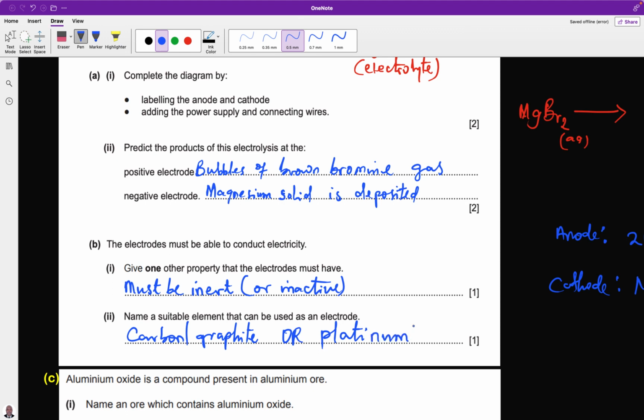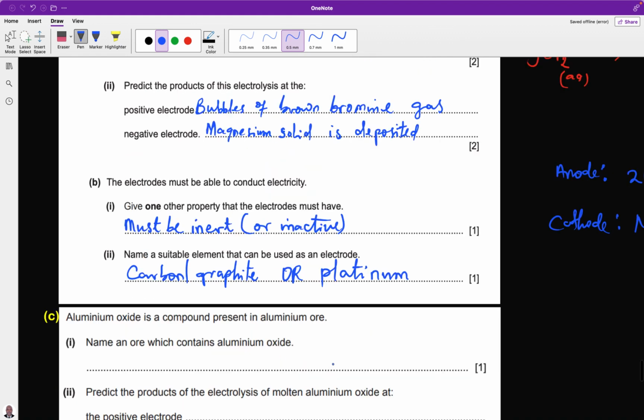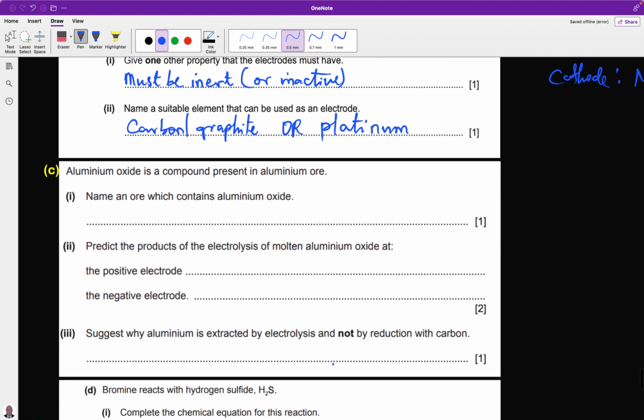That is a suitable element that can be used. Carbon, that is graphite, or platinum.